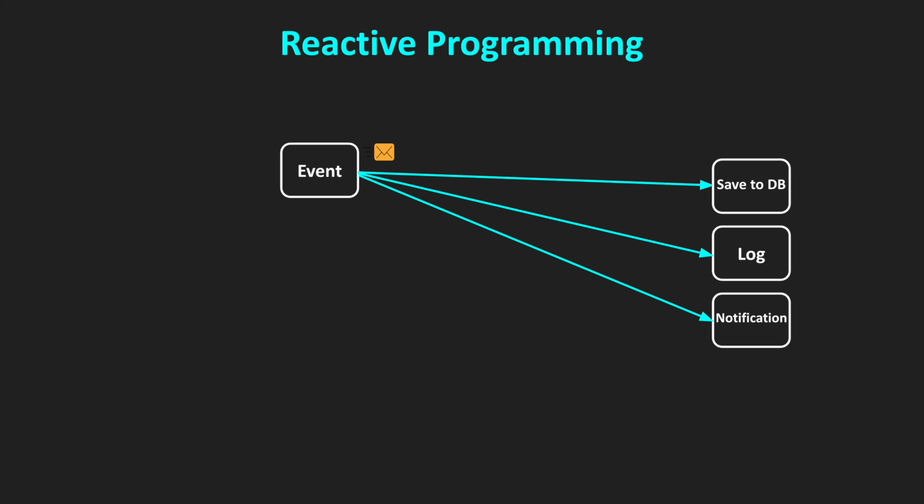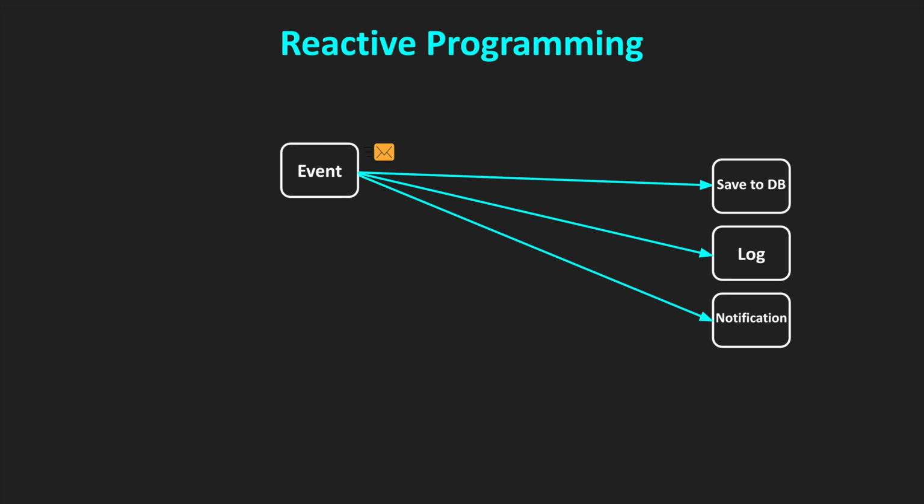Let's slowly go to reactive programming. We have an event-driven architecture, and a subpart of the event-driven architecture is reactive programming. What I mean by that: let's say we are sending an event, and that event needs to be processed asynchronously.